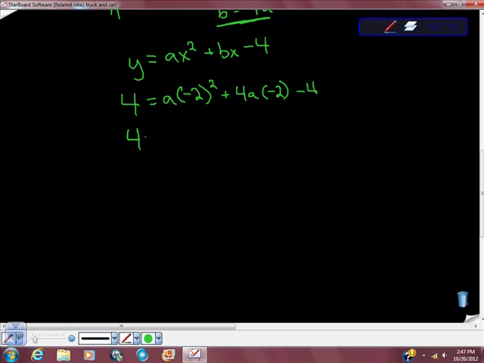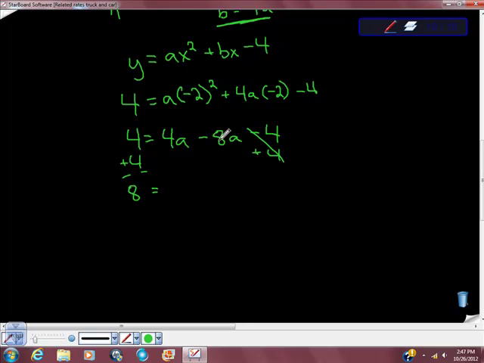Okay, so 4 equals a times -2 squared, a negative number squared becomes positive. So this will be 4a plus, well, -2 times positive 4a is -8a, so minus 8a and then minus 4. I'm going to add 4 to both sides. So this will give me 8 here, and then -8a plus 4a.